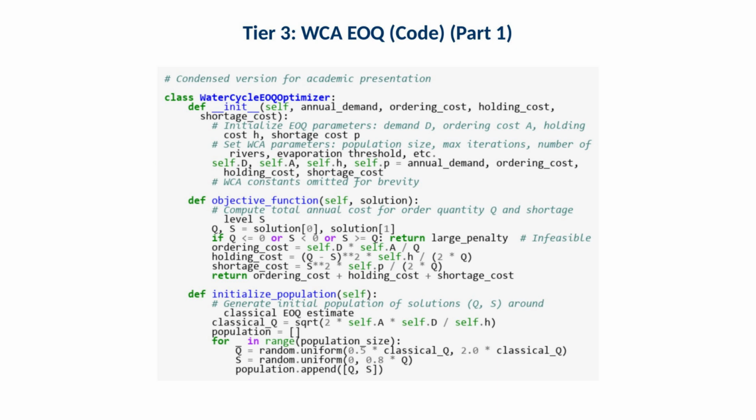In this part, you can see the implementation details in action. The key class visible here is the Water Cycle EOQ Optimizer class. Key functions in this chunk include initializer, objective function, and initialize population. You will notice logic related to demand, population, iteration, objective.